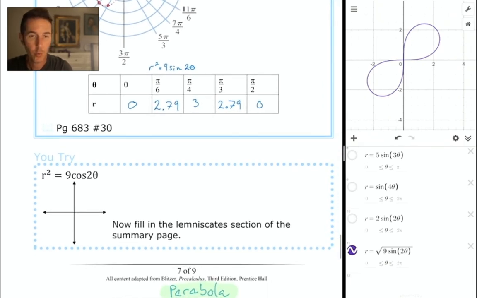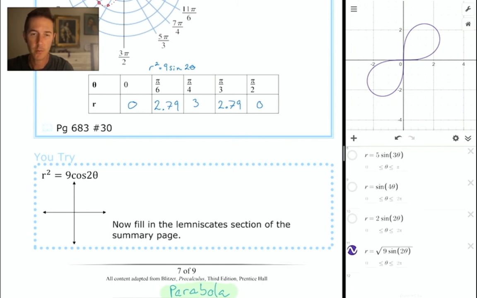I recommend that you attempt this process. You could just shortcut it and take the square root of both sides of this equation and plug it into a graphing calculator or into Desmos and see what the resulting graph is going to look like and how long the length of each petal is, how many petals there are, how it's oriented.